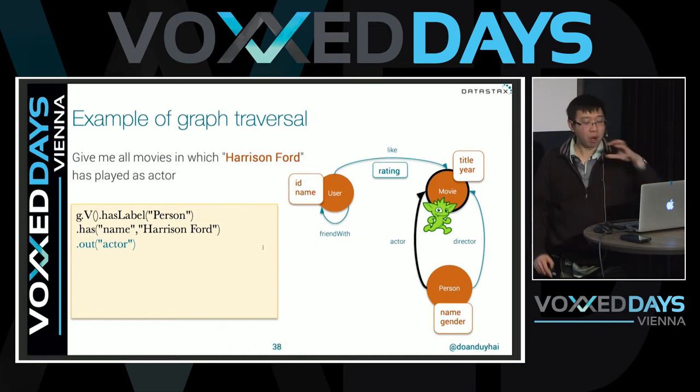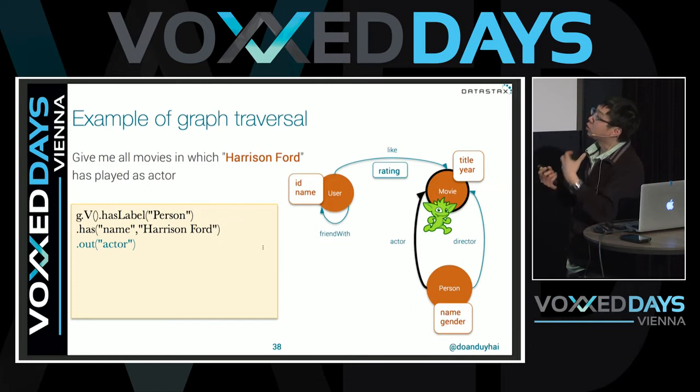And now, from the person, I want to navigate to the movies. I want to fetch all the movies of Harrison Ford in which he was an actor. So I'm using this edge, out('actor'). So from person, I'm going out of person using the edge label actor. You specify the direction: out and not in.